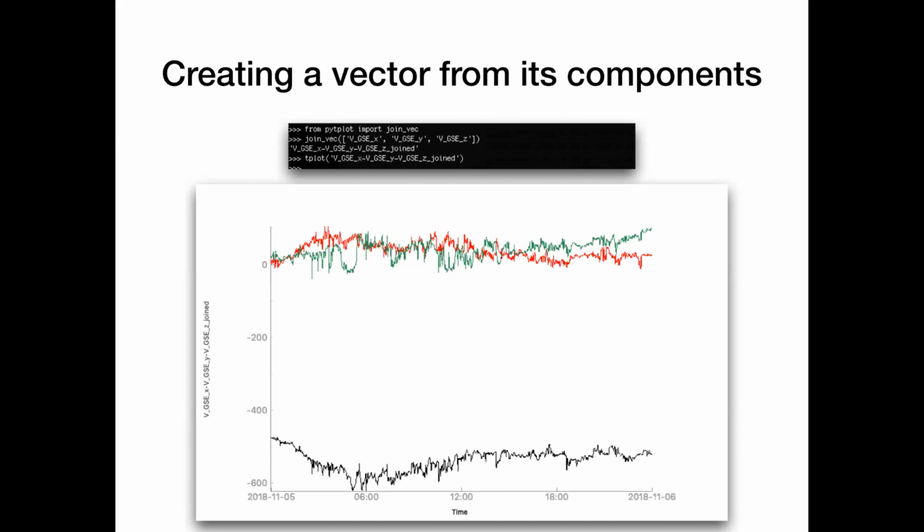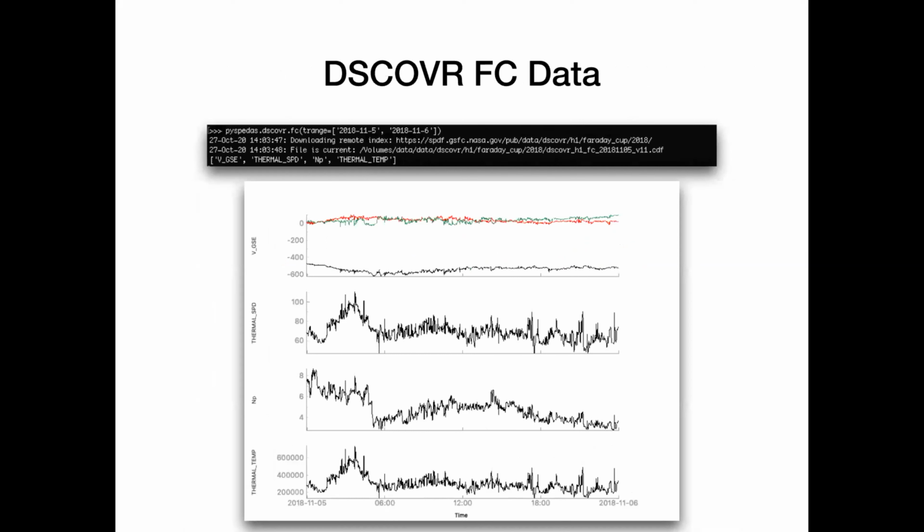There's also a keyword that allows you to set the name. In this example, I just let it use the default. And then I called tplot on the joined vector, and it now has all the components as a vector again. And it should match the same as before.